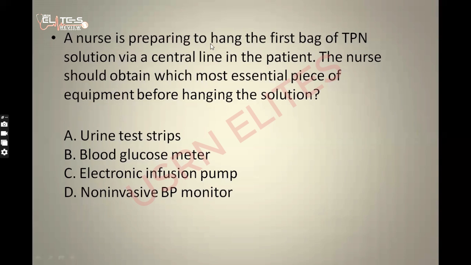So now look at the question. The nurse is preparing to hang the first bag of TPN solution via a central line in the patient. So which one should we obtain before hanging the solution? Before. Between blood glucose and infusion pump, which one will you choose? Let's take the infusion pump.